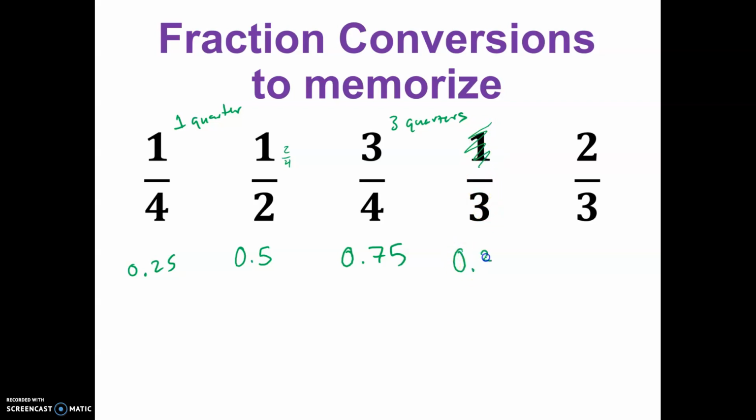Well, it kind of looks like decimal conversion, doesn't it? 1/3 is 0.3 repeating. And if we think about 2/3, I bet you can figure it out. I don't actually have to memorize 2/3 if I can remember 1/3 and how 2/3 relates to it. How does 2/3 relate to 1/3? Right, it's twice 1/3. So what's twice as big as 0.3 repeating? 0.6 repeating.